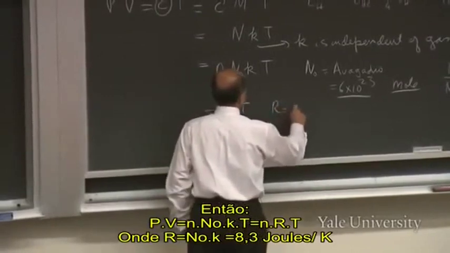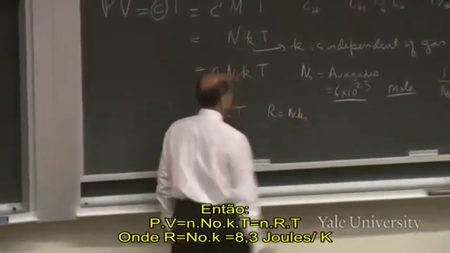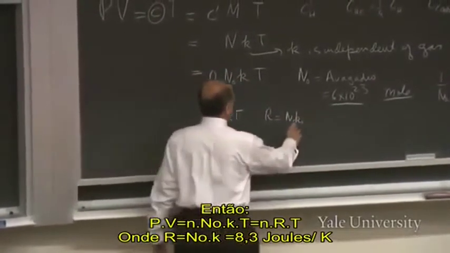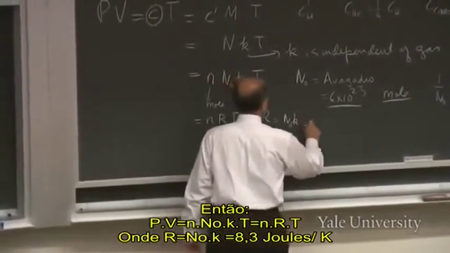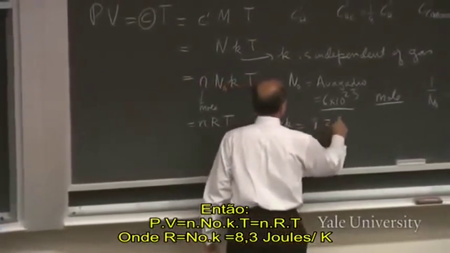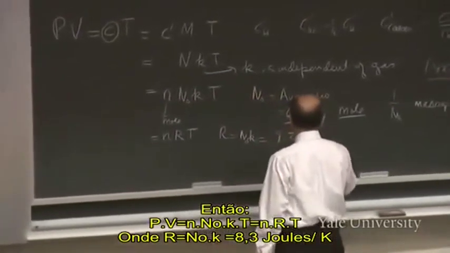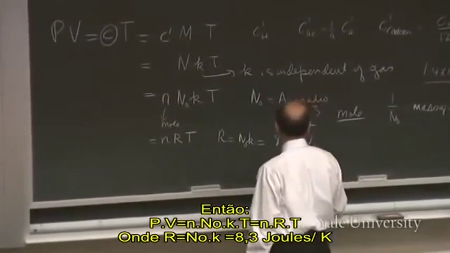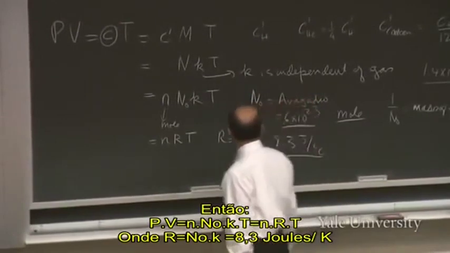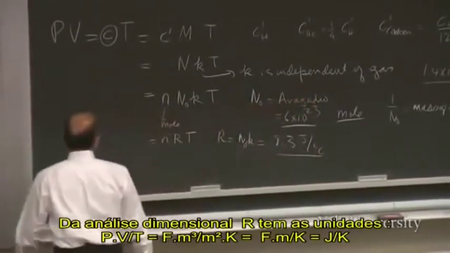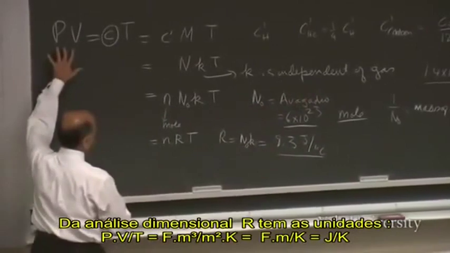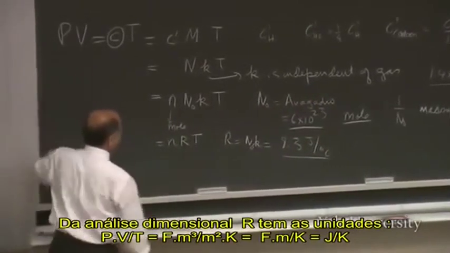R is the universal gas constant. It's n0 times the Boltzmann constant. That happens to be 8.3 joules per degree centigrade or per Kelvin. Right? The units for R will be PV, which is units of energy, divided by T.